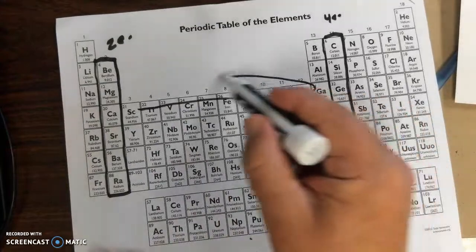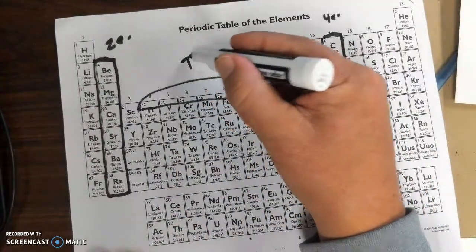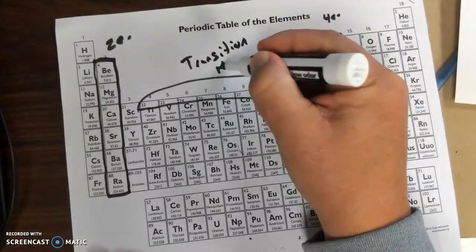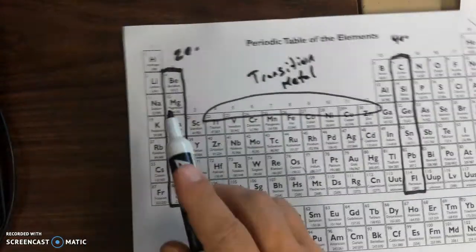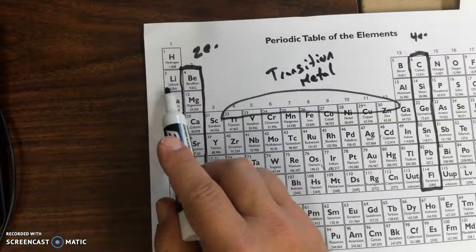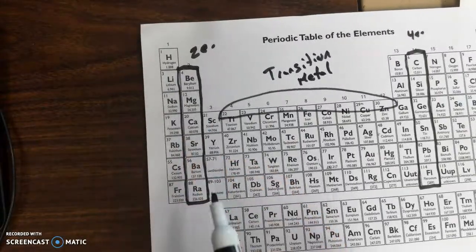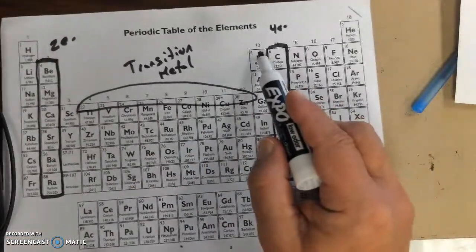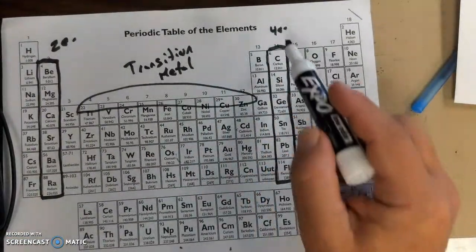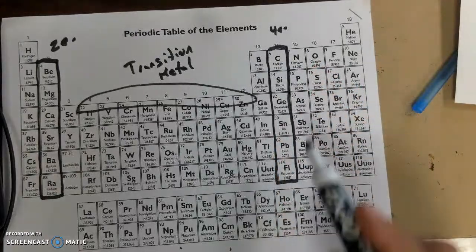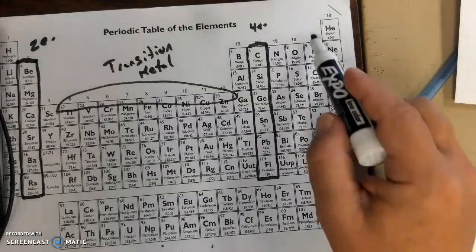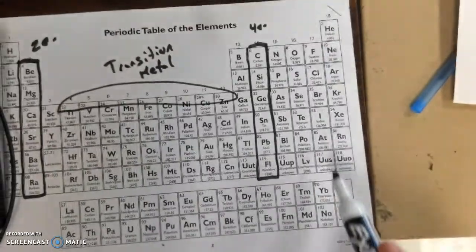Notice I'm skipping these guys. These are what's called the transition metals. And I'll go: things that are in group 1 have 1 electron. Things that are in group 2 have 2 electrons in the outermost shell. Then I skip the transition metals and I say things that are in group 13 have 3 electrons in the outermost shell, 4 electrons, 5 electrons, 6 electrons, 7 electrons in the outermost shell.